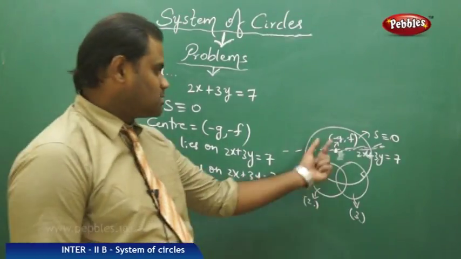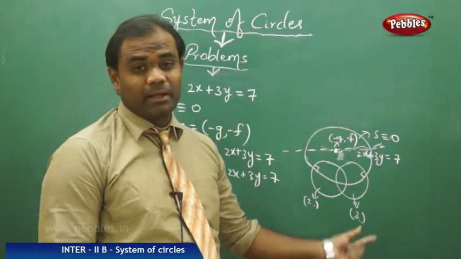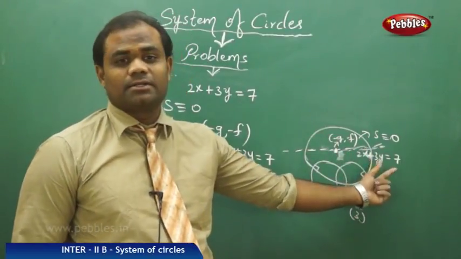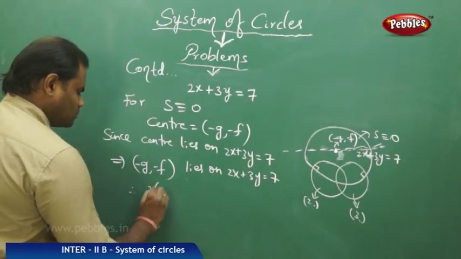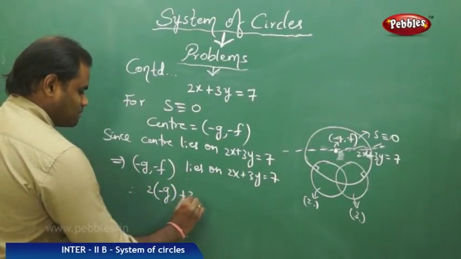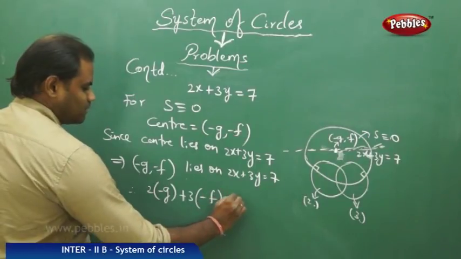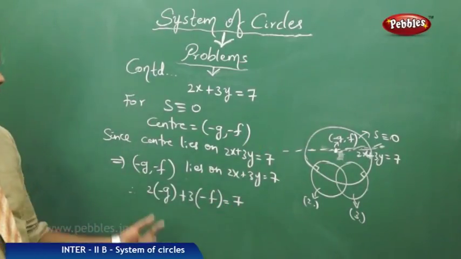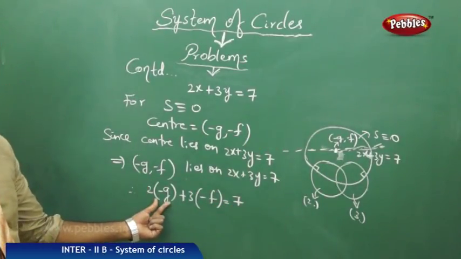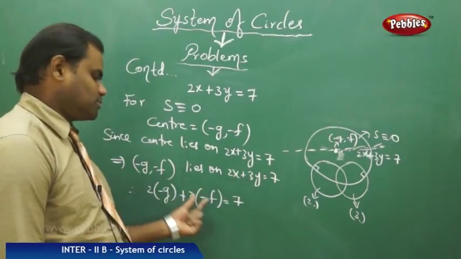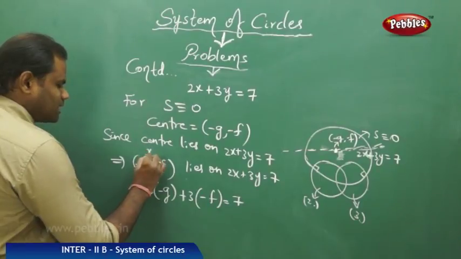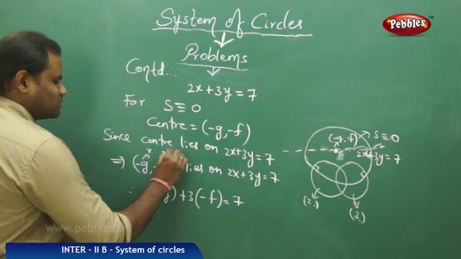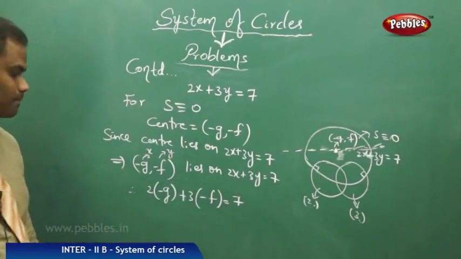That means this point lying on this line implies this point satisfies this equation. Therefore, 2 times minus G plus 3 times minus F is equal to 7. In place of x, I substitute minus G, and in place of y, I substitute minus F, because this is assumed as x and this is assumed as y.